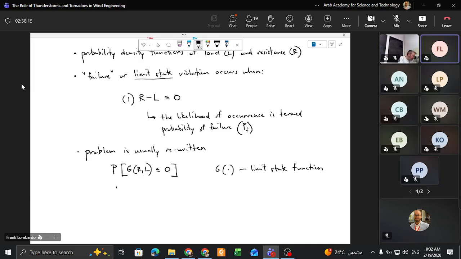Within this G, you'll have a lot of different random variables that describe load and resistance.